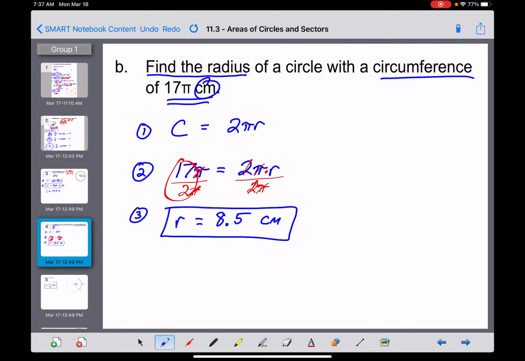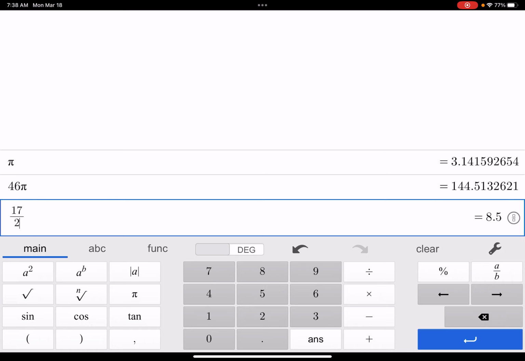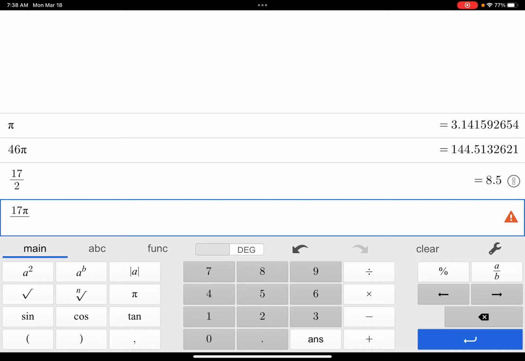Now, I want to warn you guys, though, if you go to the calculator, it's really easy to do this wrong. If you did what I just told you and you canceled out the pi's, you just take 17 divided by 2, and there's your 8.5. But watch what happens if I include the pi's in there, and I'm kind of sloppy with this. 17 pi divided by, oh, this calculator did it.